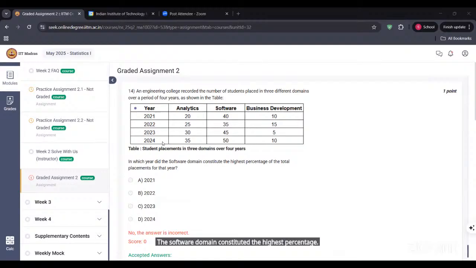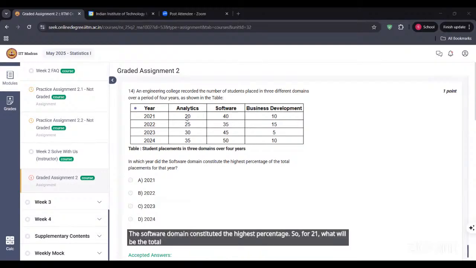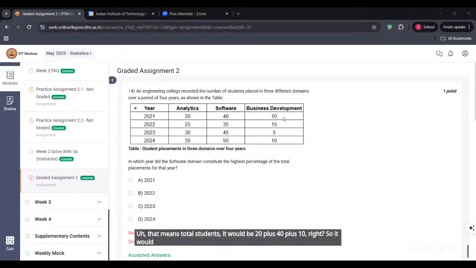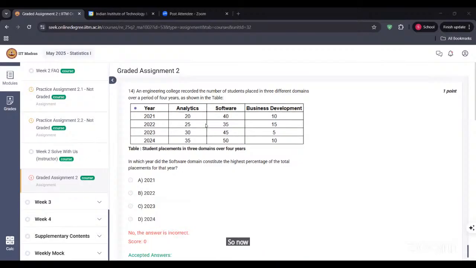Ma'am, for 2021, what will be the total? That means total students would be 20 plus 40 plus 10, so basically 70. Now the percentage would be 40 divided by 70 into 100, like that.